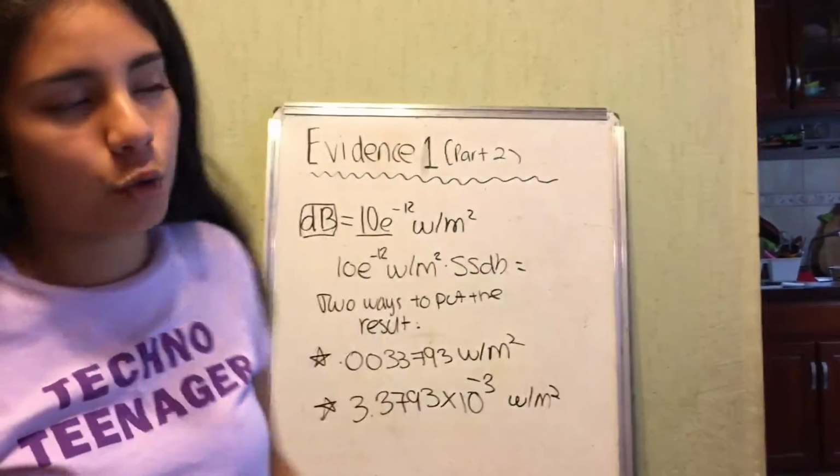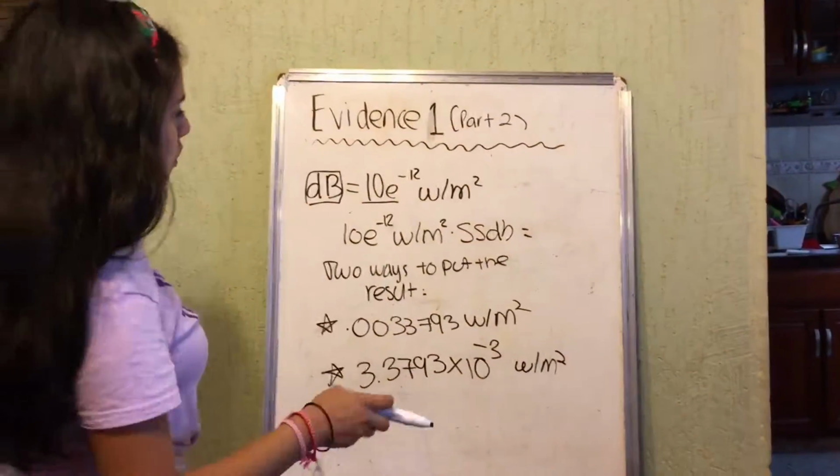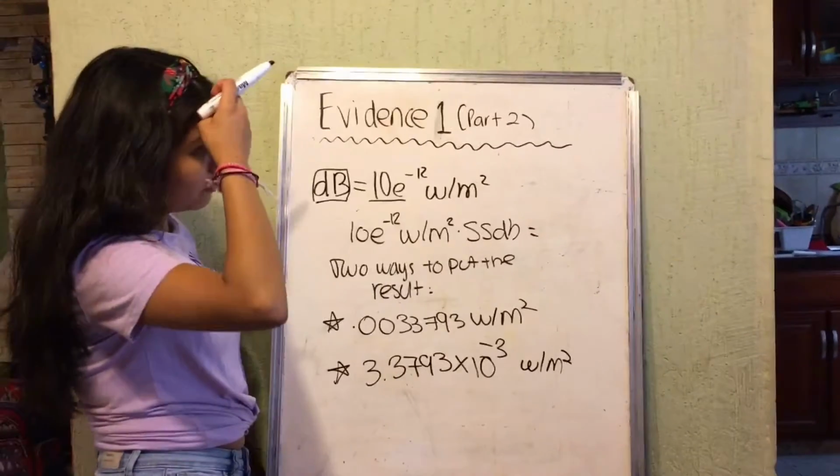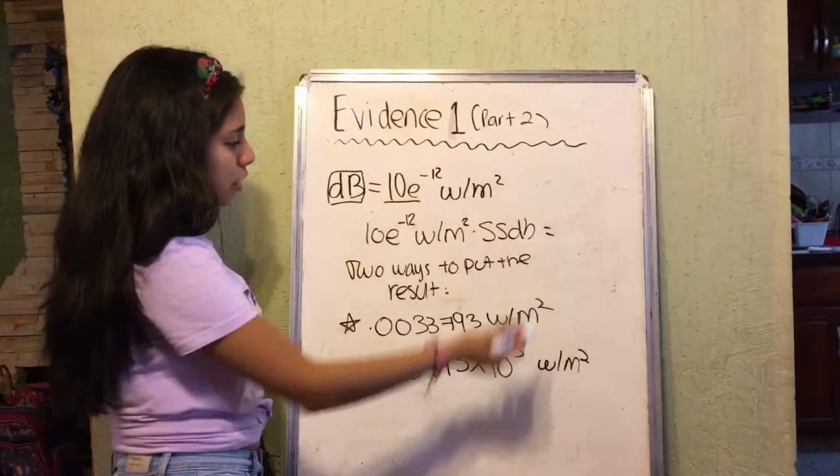Problem number 7. Sound from a 55 dB horn is measured at a distance. What is the intensity of the sound in watts per square meter? So we have to know that 0 dB is equal to 10 to the exponent minus 12 watts per square meter.